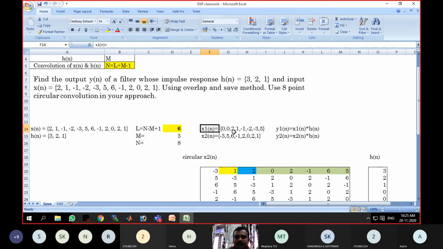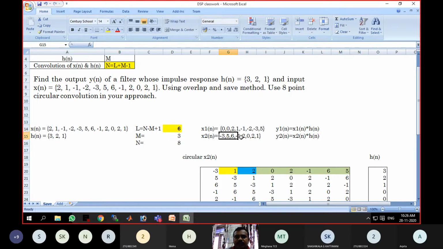So x1 is created for the initial step. For the first block, M minus 1, that is 2 zeros, are added. Similarly for x2, it takes the previous 2 elements from the last block, which are minus 3 comma 5.